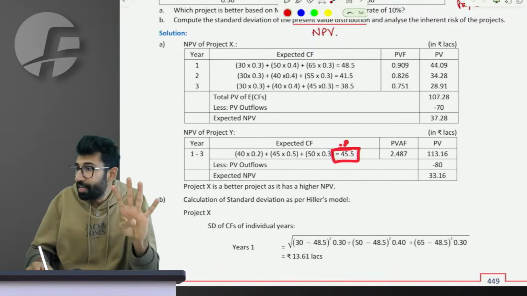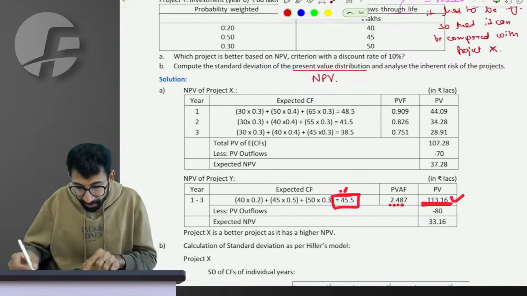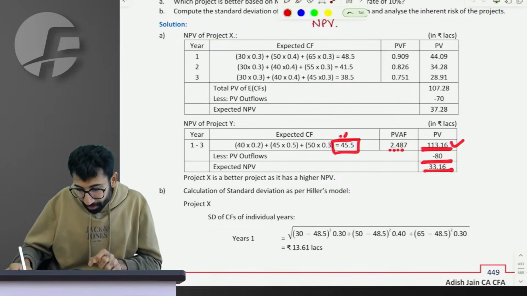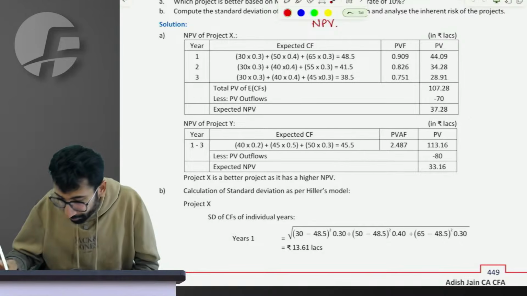The present value of those 3 cash flows, multiplied by the annuity factor, gives me 113.16, minus the outflow of 80 lakhs, giving 33.16 as the expected NPV. So in terms of NPV, which one is better?